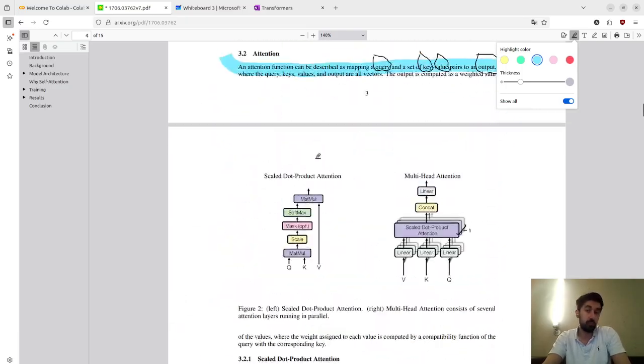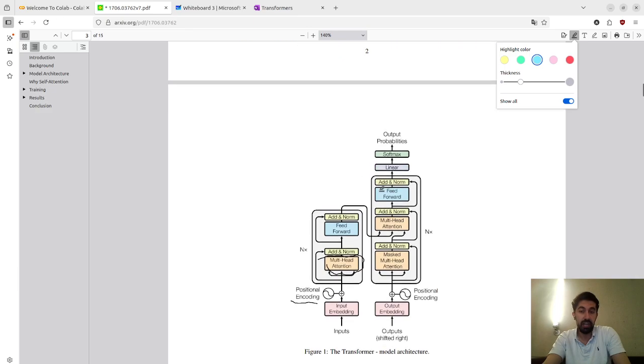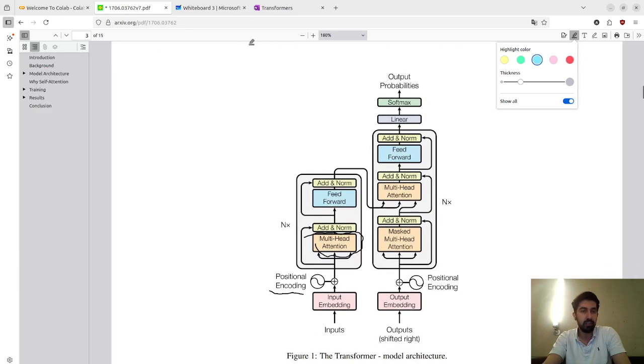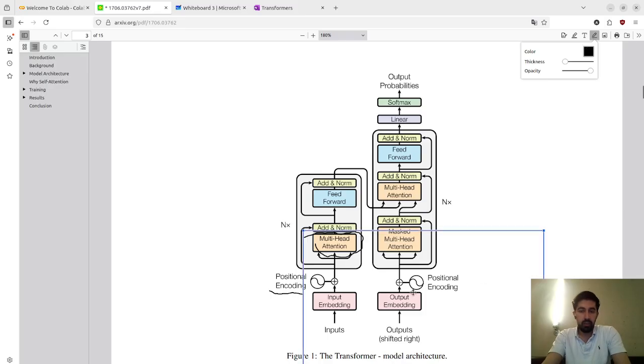So now we can look at the architecture and actually understand it. We made it. So let's take a look at the overall picture. First, we have our input sentence. We do input embedding, what I just explained.